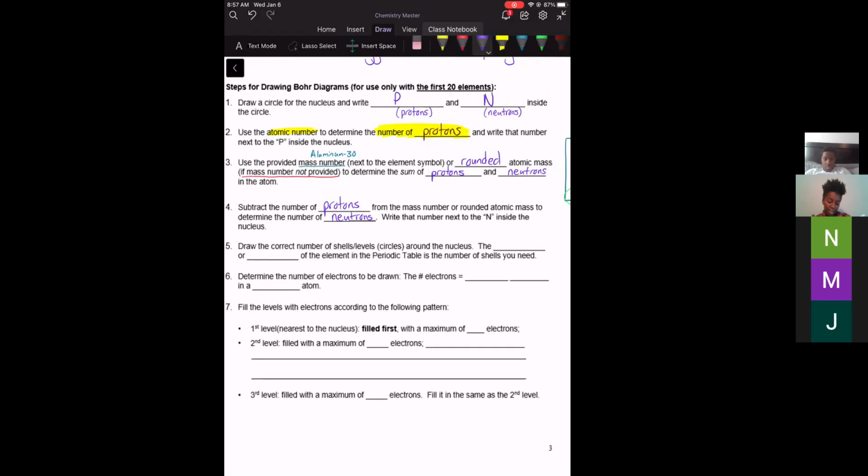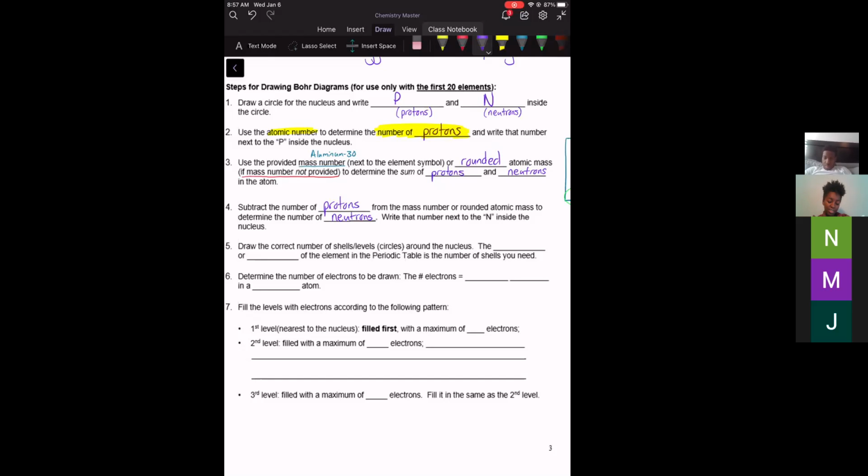And then you will write that number next to the N inside the nucleus. So that's nothing hard. In other words, long story short, figure out how many protons you got, figure out how many neutrons you got, write that inside of the circle with the P and the N. That's all we've done so far.